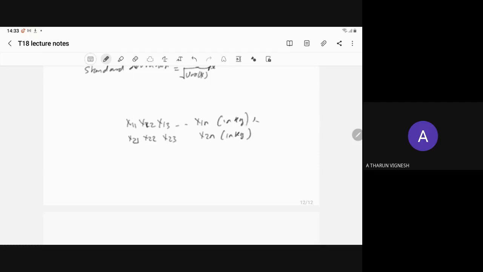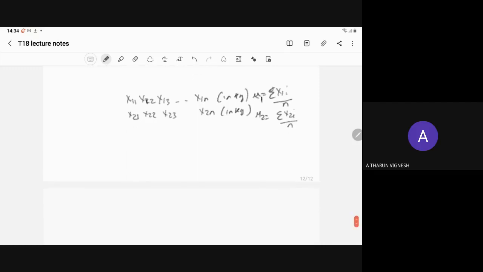Now here mu is the summation of x1i upon n, let's say mu1. Mu2 is the summation of x2i upon n. So if you have to compute the difference, it will be x11 minus mu1, x12 minus mu1, and x1n minus mu1.